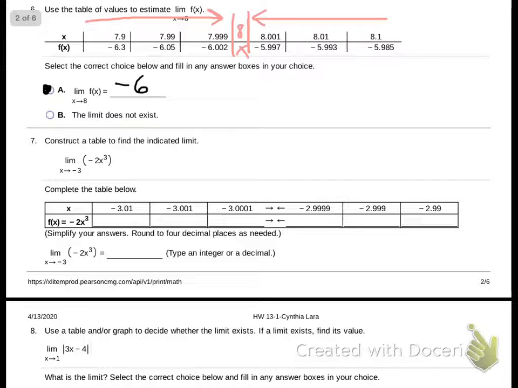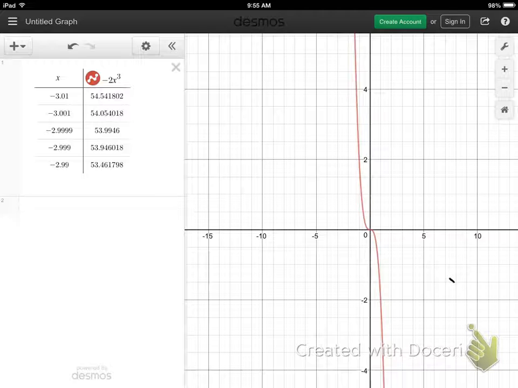Now, here they gave us a table, a blank one, and they're asking us to create it, fill it in, rounding to 4 decimal places. So what I'm going to encourage you to do is in a new window somewhere, open up a Desmos tab. You have to do the Desmos calculating and the tabling all at the same time. It is a skill. So here is what I got when I put it in Desmos.